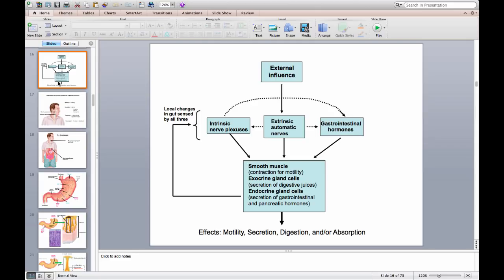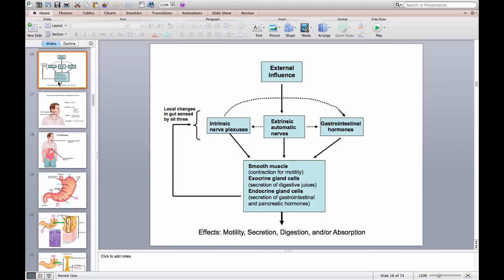Now, when we talk about the short loop, any control loop has a sensor, right, and an effector. So any control loop, you have to have something sensing the presence of changes, and then something that's going to do something about it. Okay?